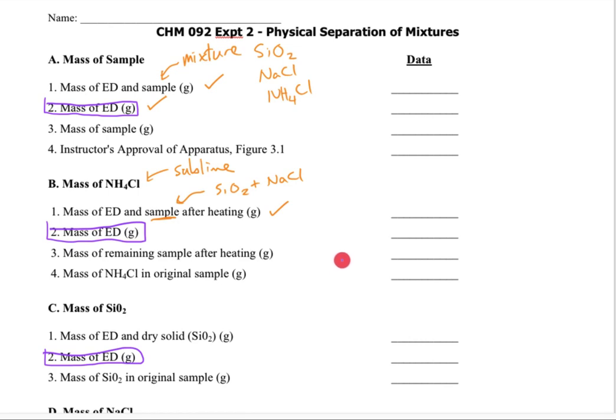Why is that useful? Well, if I subtract these two, what I determine is the mass of the sample. Again, the sample is that mixture of 3 compounds.